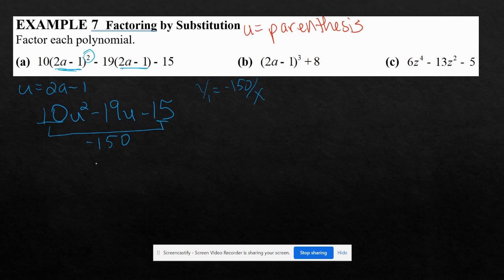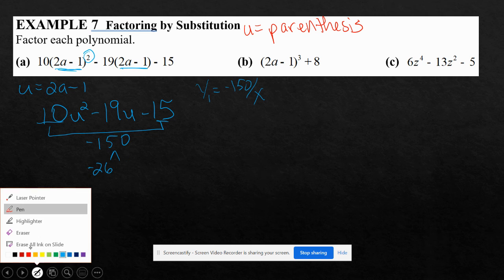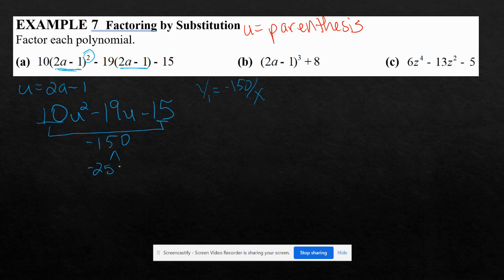And when we do, we see that we get negative 25 times positive 6. Negative 25 times positive 6 is negative 150. Negative 25 plus 6 is negative 19. So 10u squared, minus 25u, plus 6u. Bring down the negative 15.